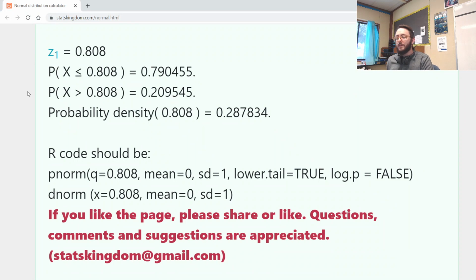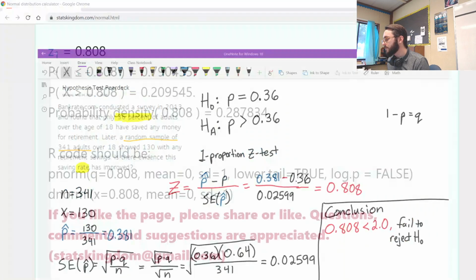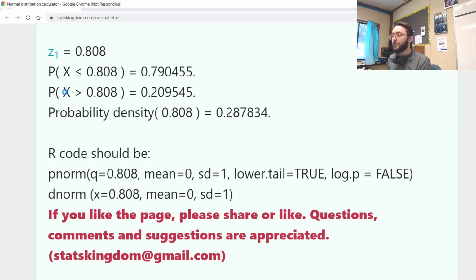All right, and now we pick the one here that matches our alternative hypothesis. Our alternative hypothesis was that we wanted to show that the proportion was greater than 0.36. So our p-value will be the probability of getting a z-score of at least 0.808 or more, which is 0.2095.